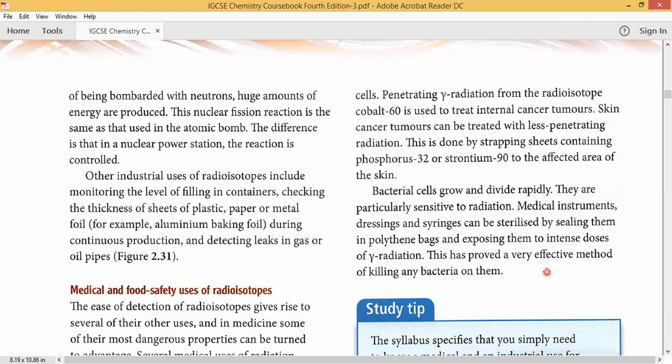But now we sterilize them by sealing them in polythene bags and exposing them to intense doses of gamma radiation. This has proven to be a very effective method, and the instrument you see is very similar to how a microwave oven looks. The oven that gives us gamma radiation is the same, it's just that we are in the habit of putting a yellow or white light in microwave ovens. However, slightly purple lights are used for these sterilizing containers, right?